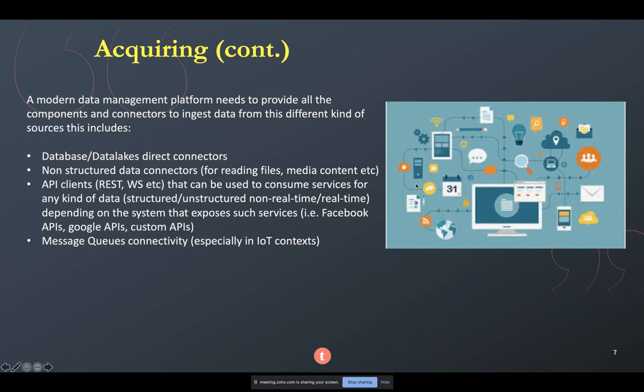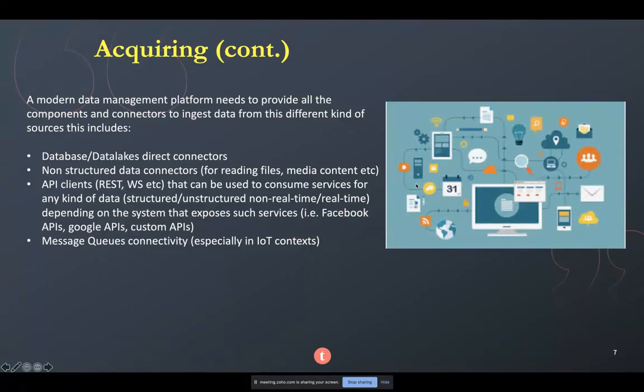Then, last but not least, what I wrote here as message queues connectivity, especially in the IoT context. Imagine that you have, for example, different devices with sensors, and these sensors are producing an enormous amount of data. The technologies most used for this kind of situation are called message queues.